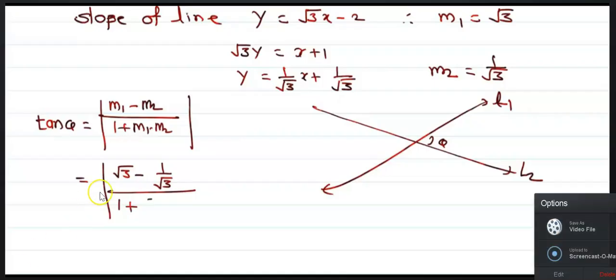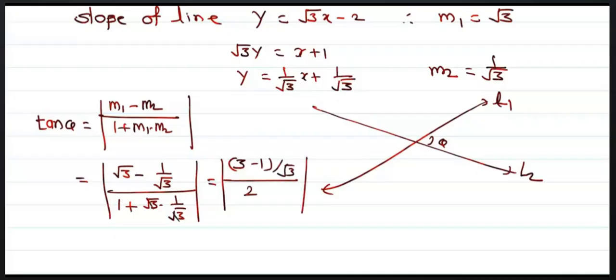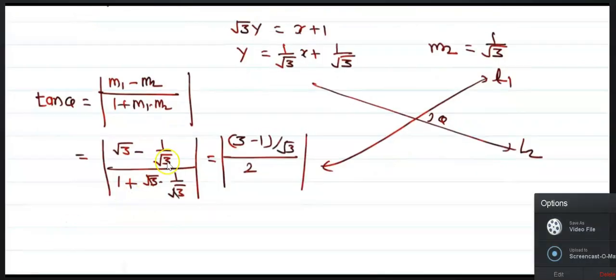Now simplify here. Root 3 minus 1 upon root 3, 1 plus m1 into m2. In this simplification, root 3 into root 3 is 3, minus 1 upon root 3. And here also in the simplification, root 3 gets cancelled, 1 plus 1 is equal to 2.